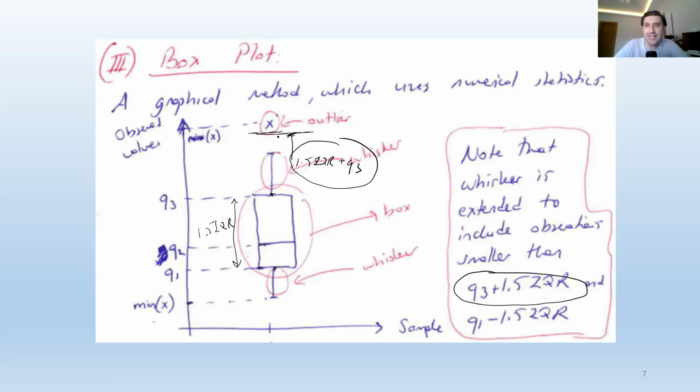Let's say for this case there is one observation which exceeds this limit, hence it is not going to be included in this whisker. So is the whisker going to end up here in this case? No, this is a virtual limit, so we are not going to show it explicitly.